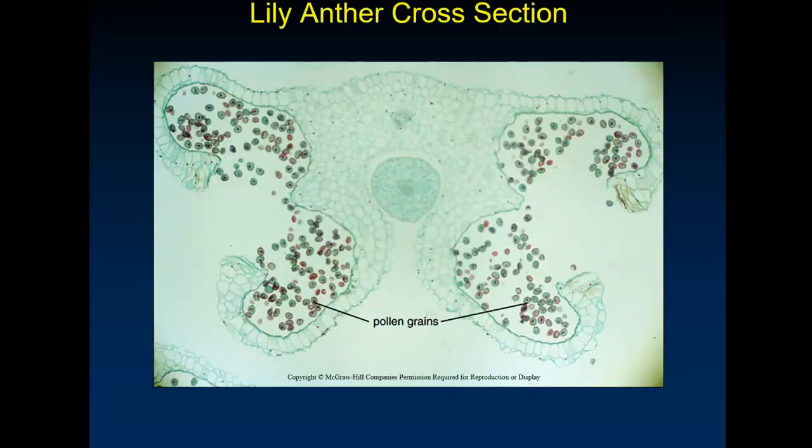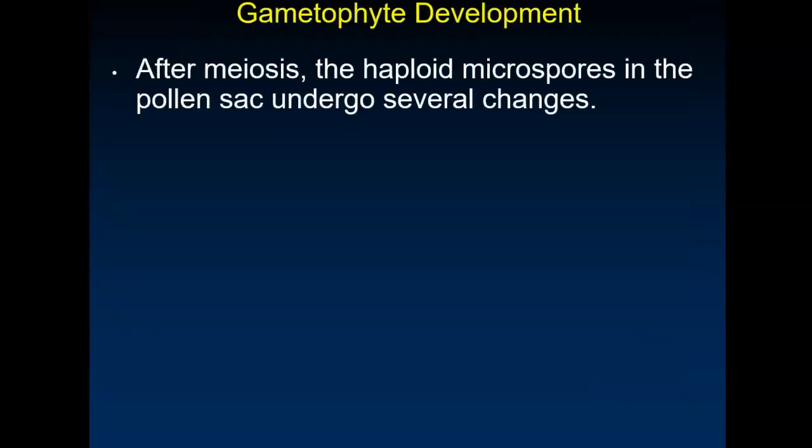And here's a cross section of a lily, and so there's the four different sections. Since there are pollen grains already there, you know that meiosis has already occurred. So those pollen grains are haploid as well. After meiosis, things are going to change quite a bit, and those microspores are going to develop.